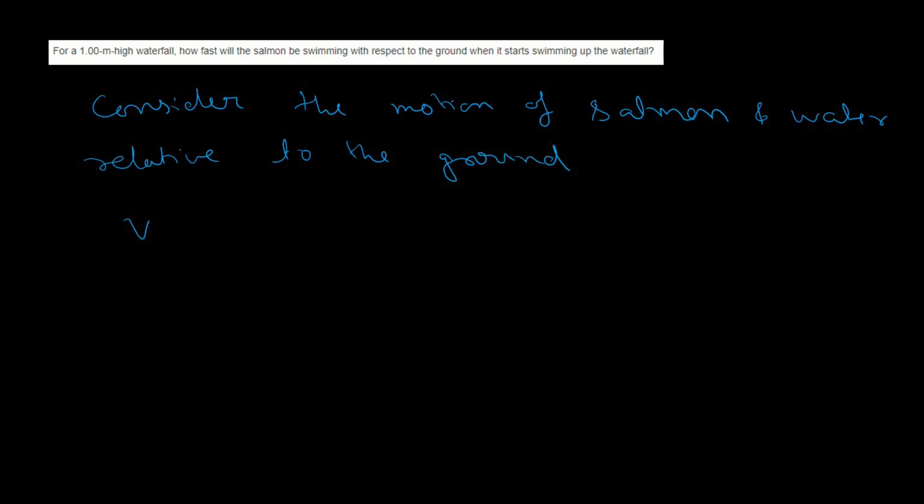So our equation will be v of salmon relative to ground on y equals v of salmon relative to water on y, plus v of water relative to ground on y.